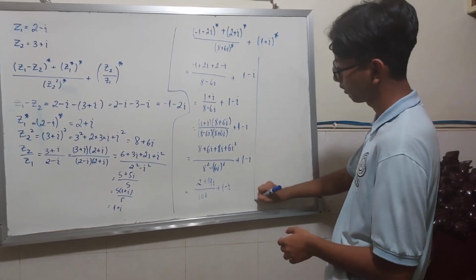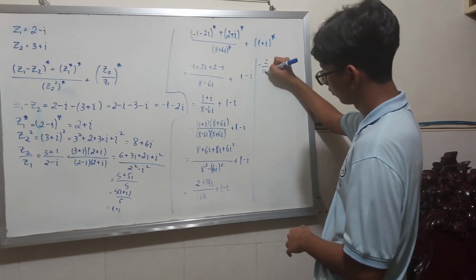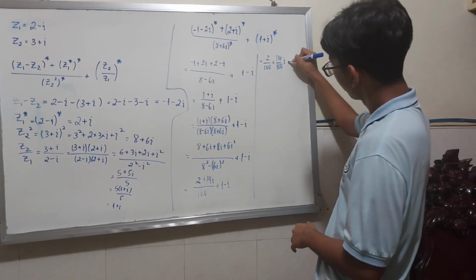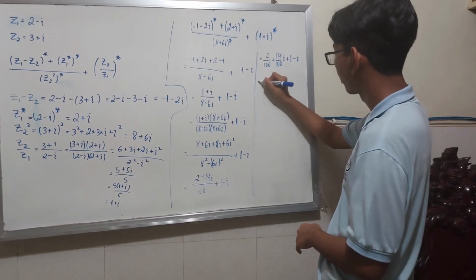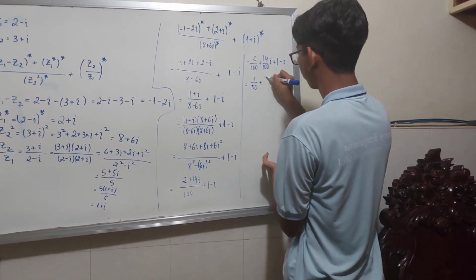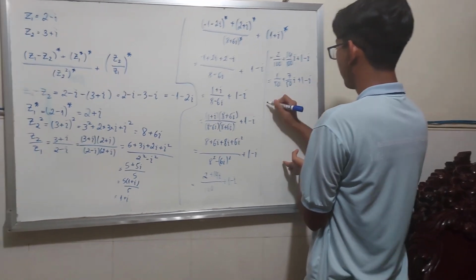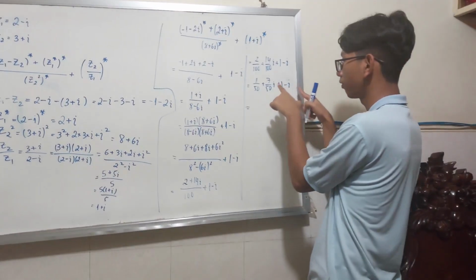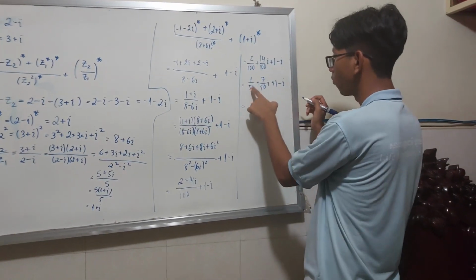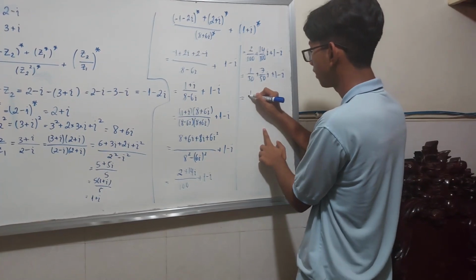So how are we going to do this? First, we can split them. Next, we're going to simplify. And add the real terms with the real terms, and the imaginary terms with the imaginary terms. So 1 over 50 plus 1. So let's make the denominator the same.